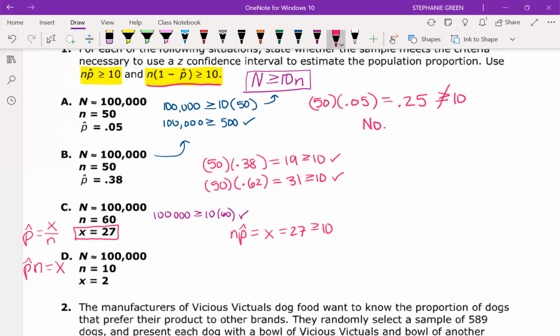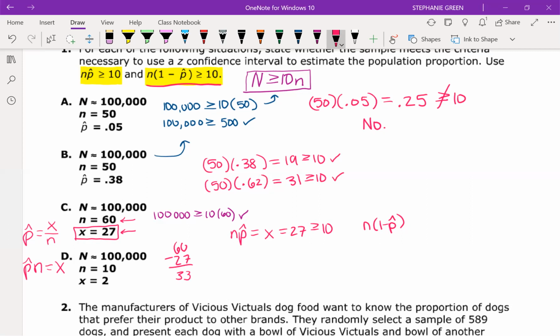Now we check the number of failures. Well, I could do my p hat, 1 minus that, and multiply it by n. But what n times 1 minus p hat gives us is the number of failures in our sample. So if there are 27 successes and 60 total items in our sample, how many failures were there? Well, 60 minus 27 is 33.